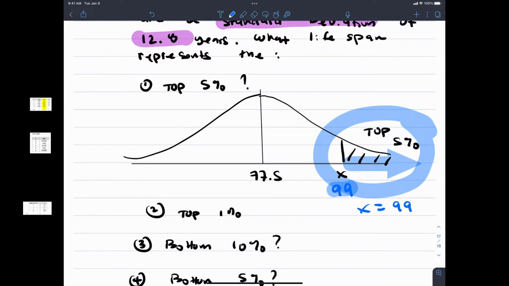Which ethnic group do you think had the longest lifespan in the U.S.? You guys know?